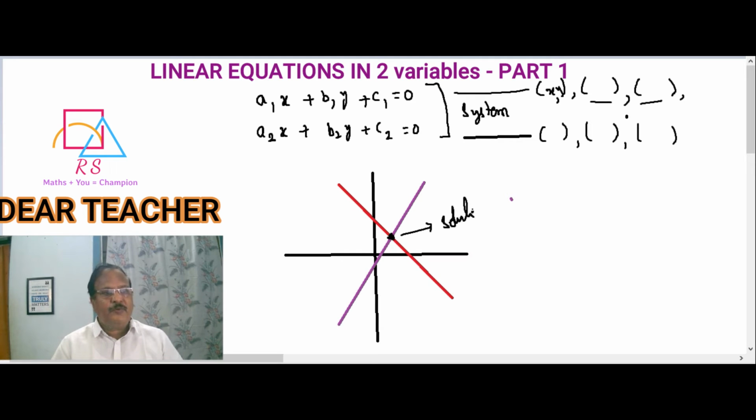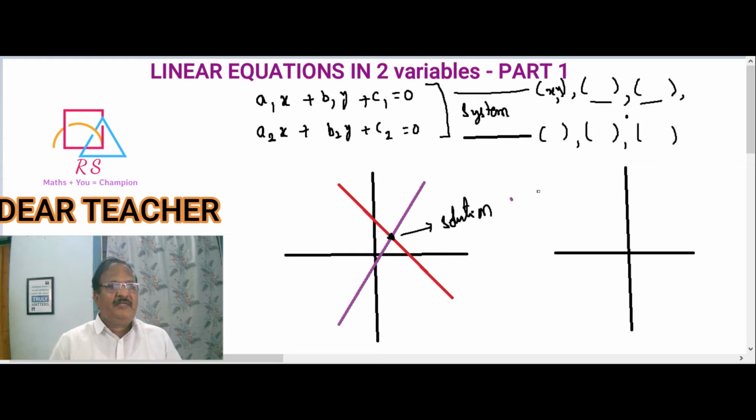This is how you have to find the solution of two equations in two variables using the graphical method. Okay, this is the solution. The intersecting point of two lines is the solution of the two equations. So don't think that they always intersect. Sometimes they may not be intersecting.